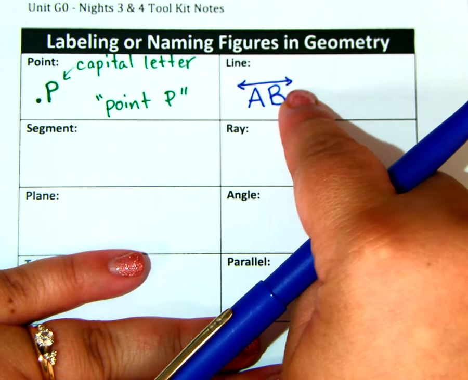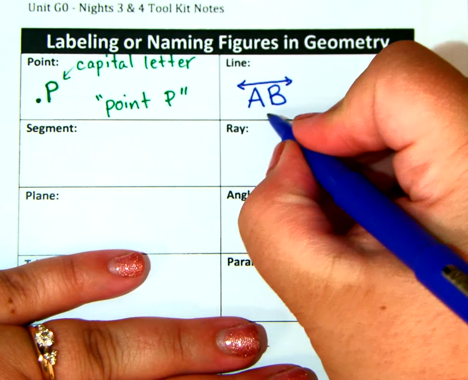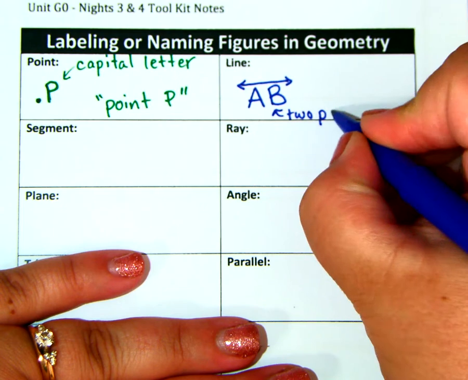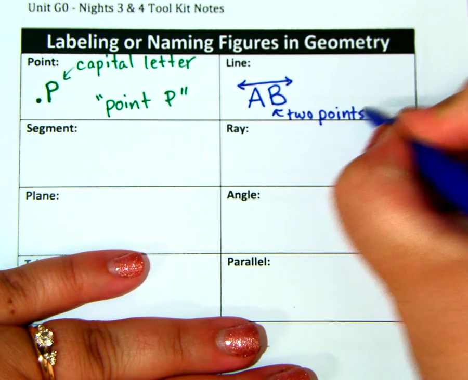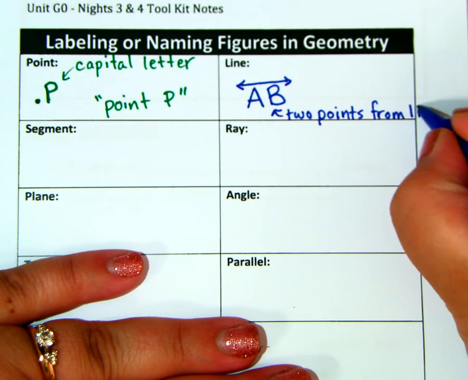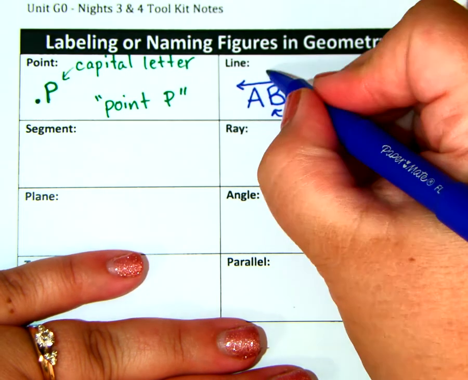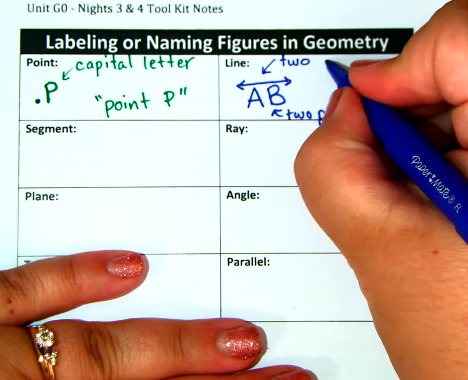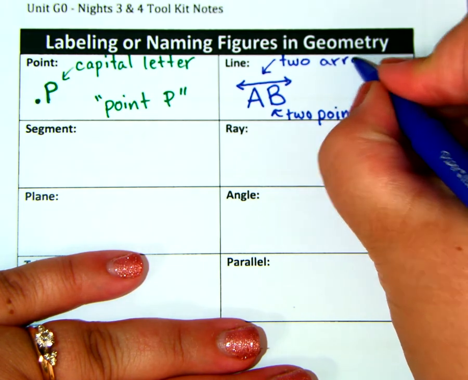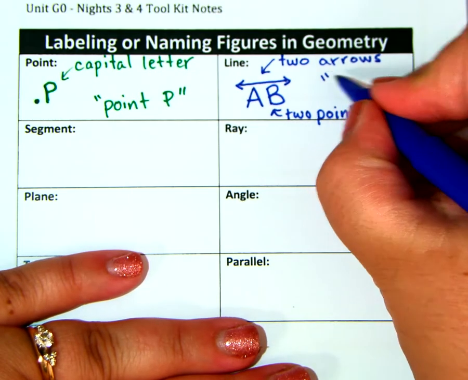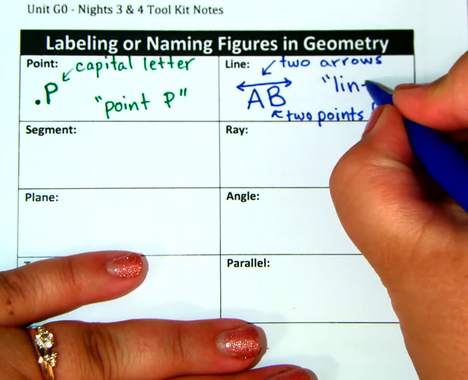So you have the arrows on both ends, 2 arrows. And for this, we would call this line AB.